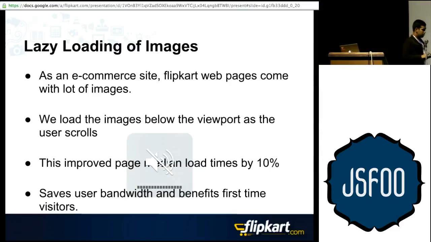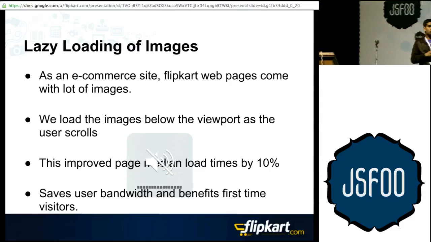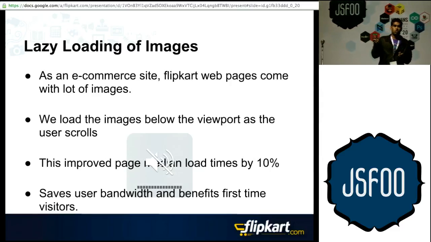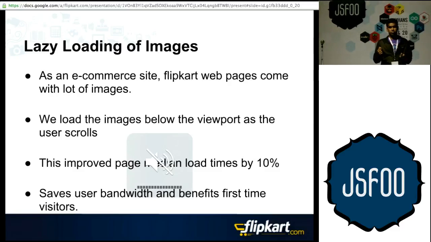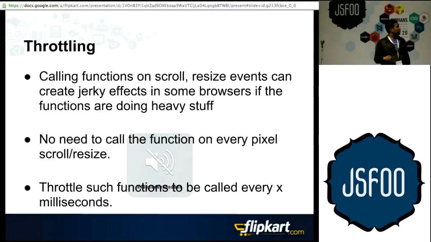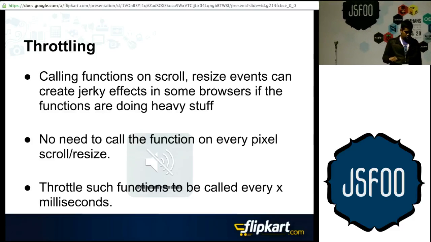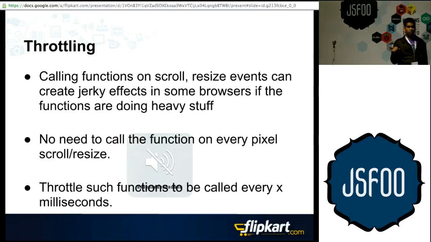One more interesting problem with binding heavy functions to scroll or resize handlers is that for every pixel scroll, these functions get executed, which is very heavy. So to avoid that, we do throttling. Throttling basically means that during the occurrence of an event, in this case the scroll event, instead of calling the function for every pixel scroll, you make the function execute every X milliseconds during the scroll.